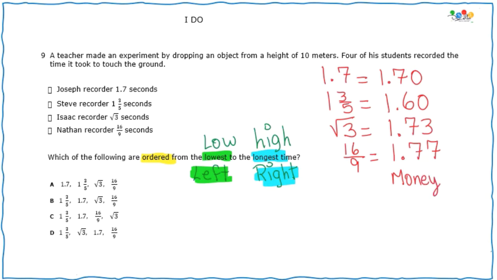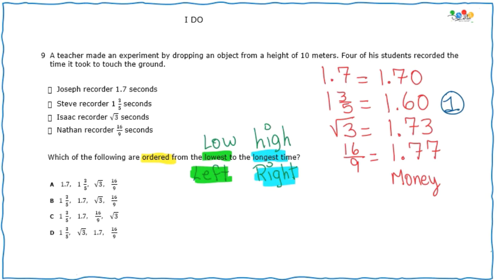Wouldn't that be cents? So what would be the smallest one here? What would be the least amount of money that we have? Right? What's the least? $1.70 or $1.60? Which one is it? Very good. $1.60, right? After that, what's next? $1.73?